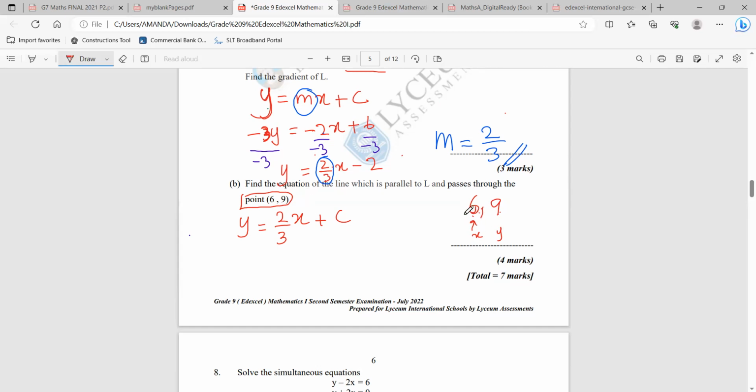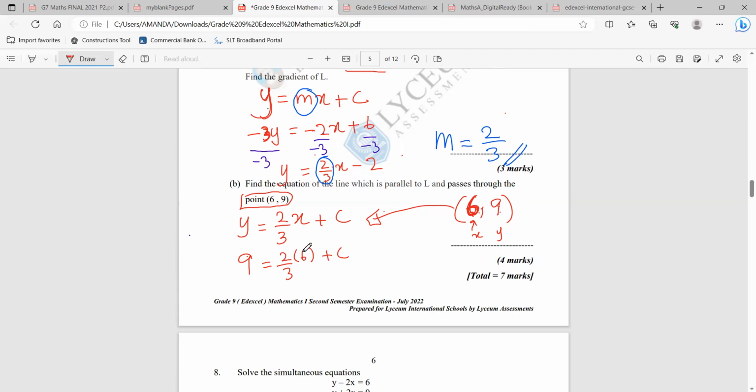So let's apply these coordinates into this formula. How do we do that? So y will become 9 when x becomes 6. So 9 equals 2/3, and x becomes 6. I'm going to put 6 over here.